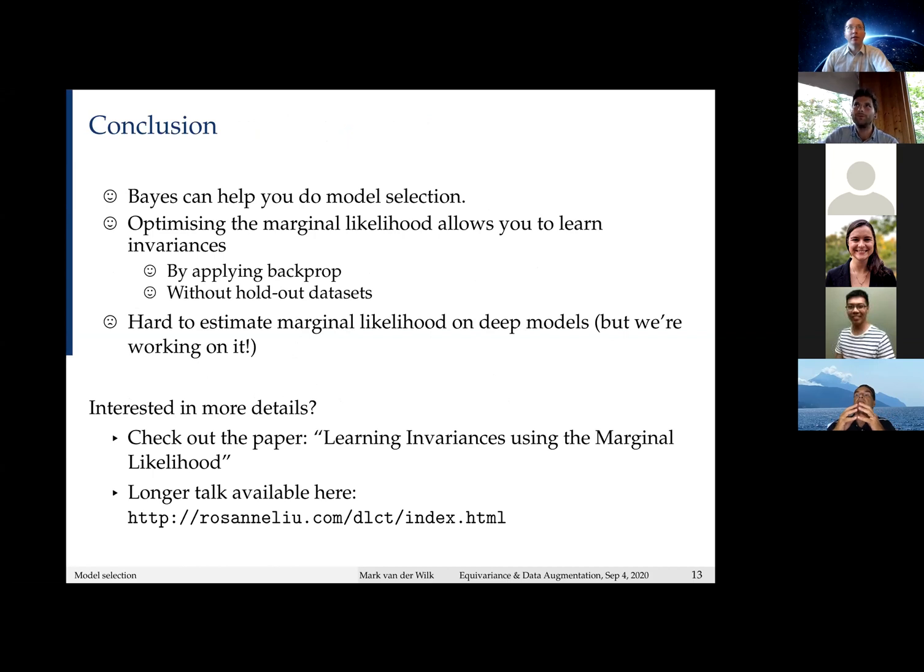Yeah, so in the same way that you need to define a class of functions when you're learning your weights to learn your function with, you also need to define a class of transformations. So this is a problem that you always have with data augmentation, and we don't provide a solution to that.